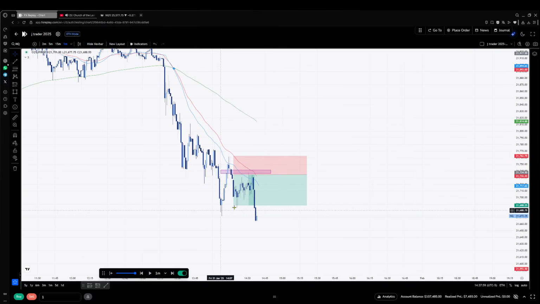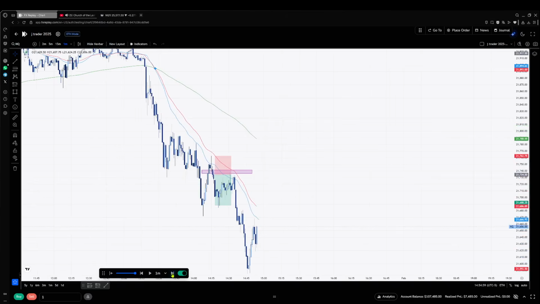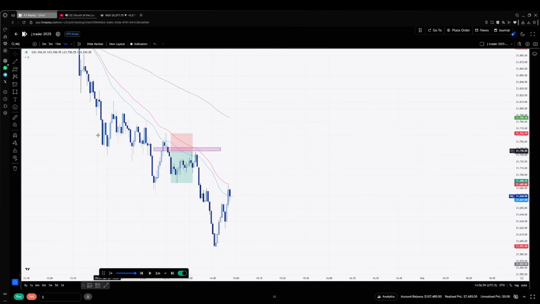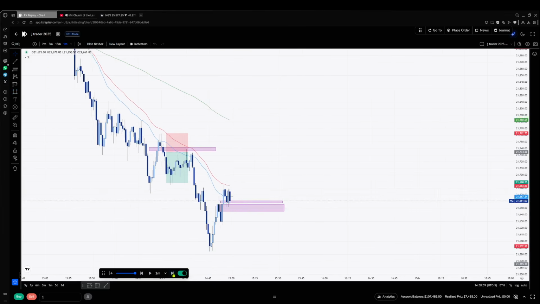Let's see, new low, and we just wait. We just wait for a touch. Here, touch, imbalance, and also we have an imbalance here, like all of this zone. Let's see, it didn't close.